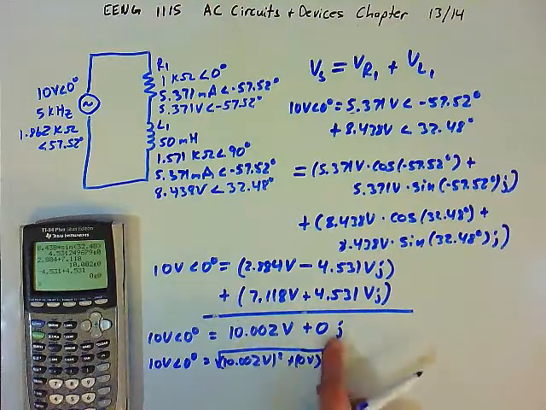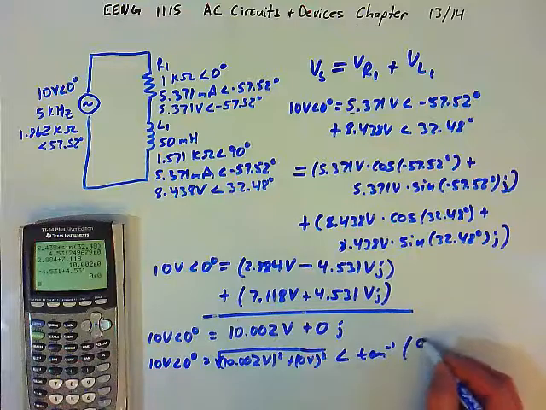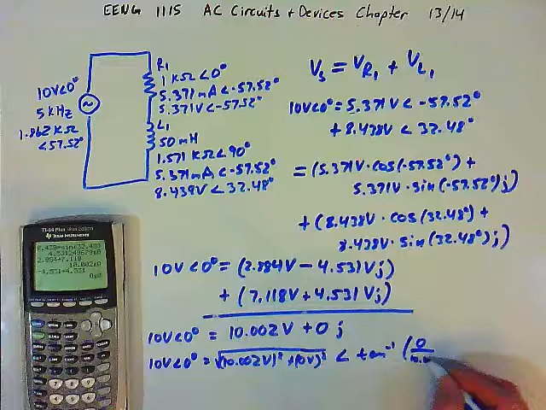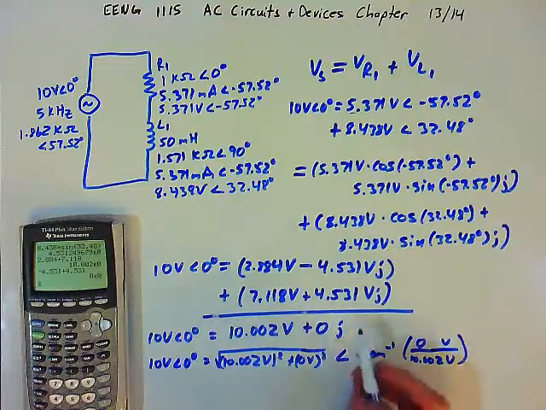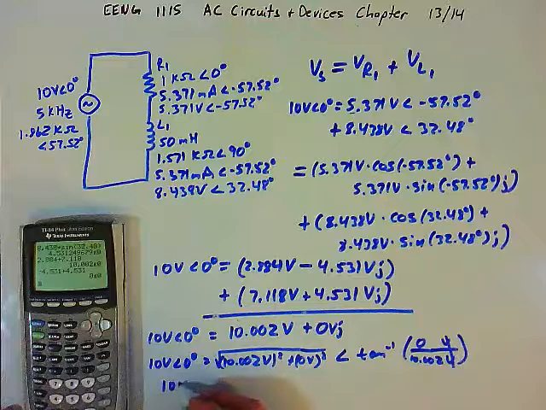Alright, so square them both, add them together, and take the square root. That gives you the magnitude. The angle will be the inverse tangent of the y component, which is 0, divided by 10.002. And again, these are both in volts, right? This is 0 volts. And so the volts cancel. And so 10 volts at 0 degrees, is this equal?